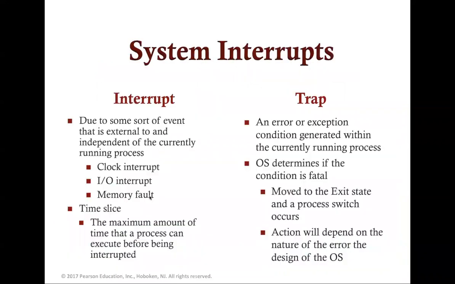So if we consider system interrupts, let's differentiate between two kinds of system interrupts. One of which we refer to as interrupt, and the second one is the trap. Interrupt, as I said before, is mainly related to events that are external or independent from the current running process, like the completion of an IO operation.